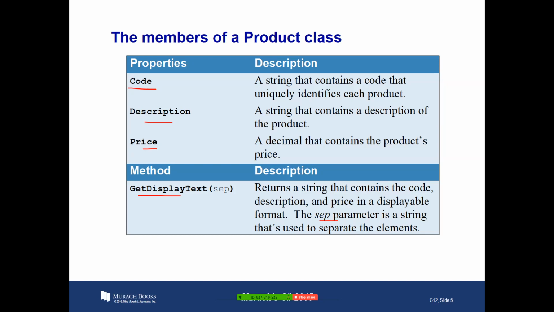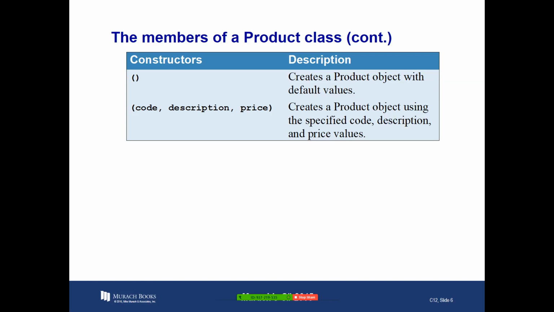So it could be commas or semicolons or something. This is just an example class. Constructors are used when we want to create an instance of the class, when we want to instantiate the class.